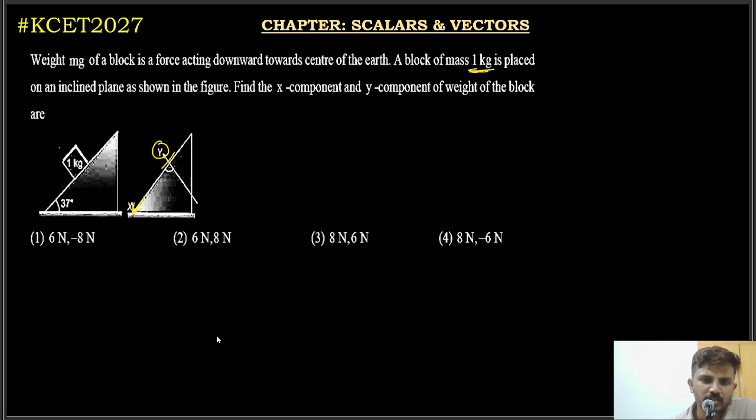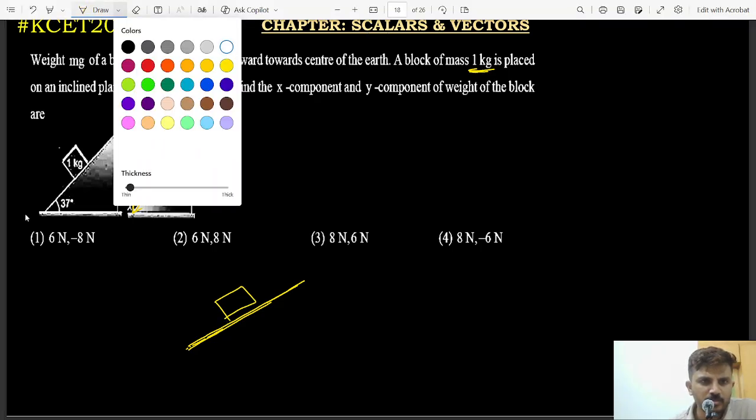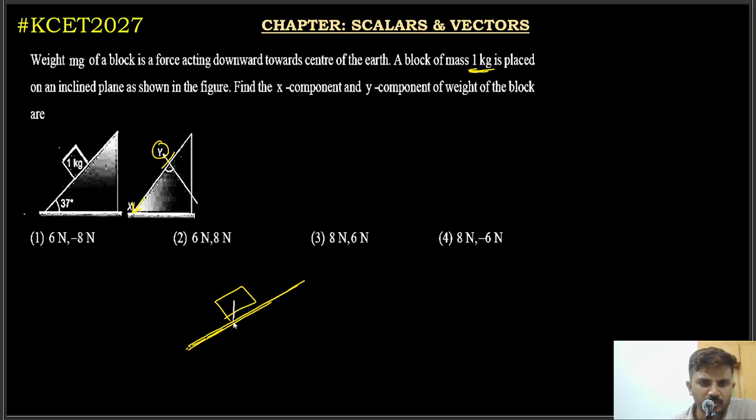So if you consider here an inclined surface like this, here there is a mass. So mg will be acting exactly downwards. Here the angle of inclination is given, that is 37 degrees.